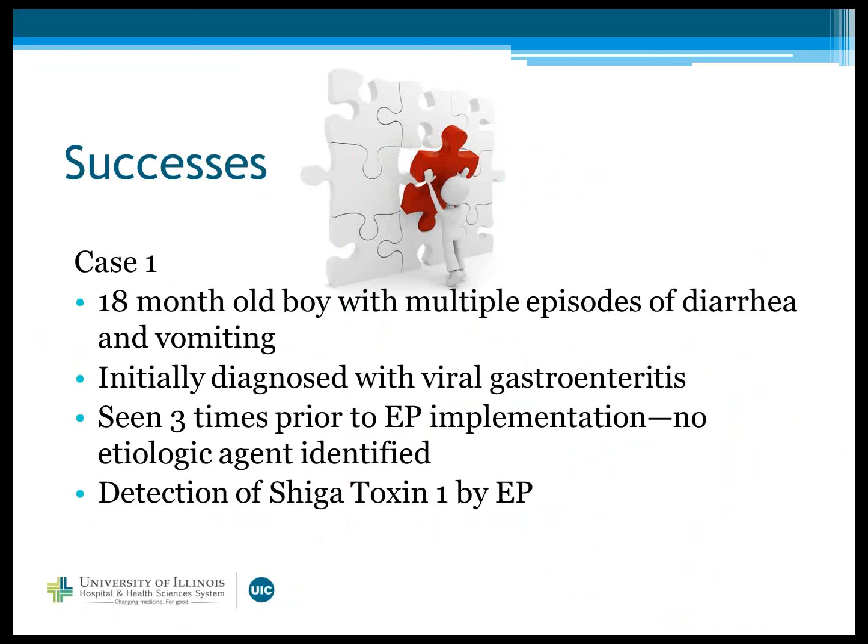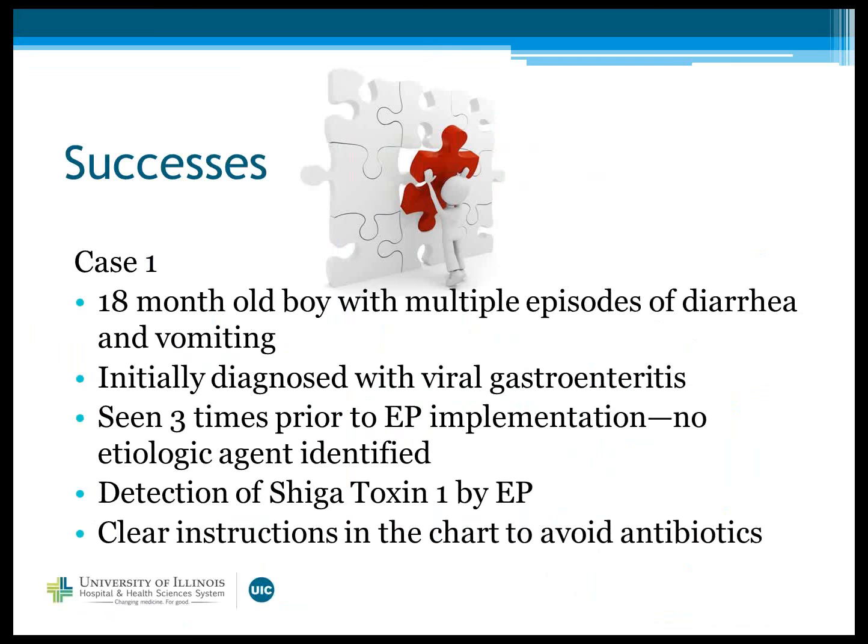And a week after we implemented this test, we got another stool specimen from this boy and detected Shiga toxin by our panel. So that was something that we hadn't been able to do before, and literally within a week had this case. And then what was great was that we could follow up clinically, and they had put clear instructions in the chart to avoid antibiotics in this case. So not only did they have an idea of what was going on with this patient, could provide proper guidance on care.